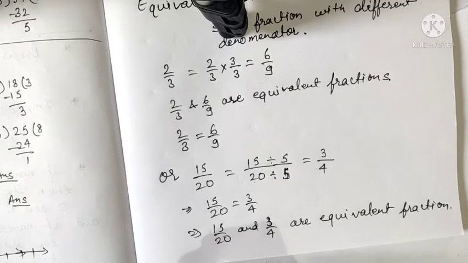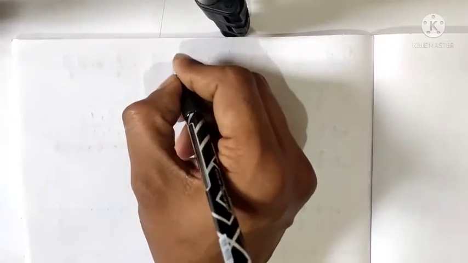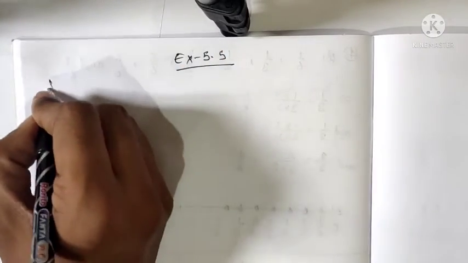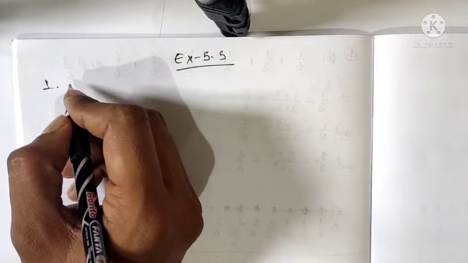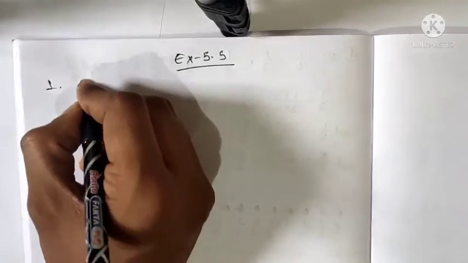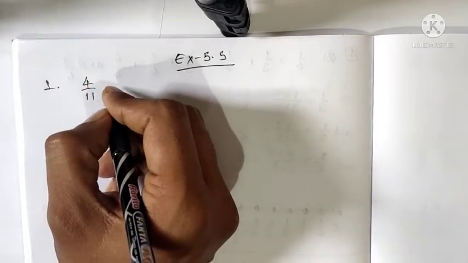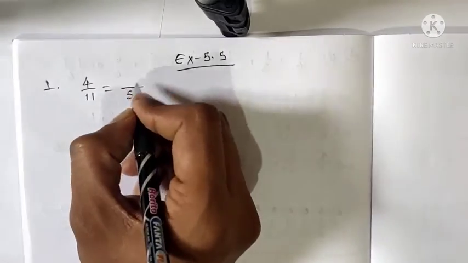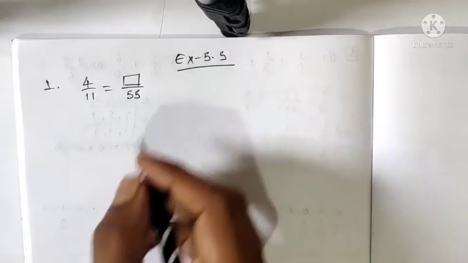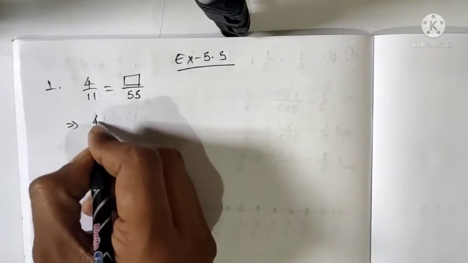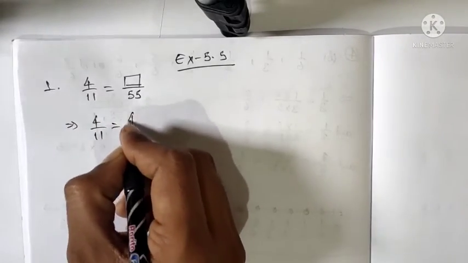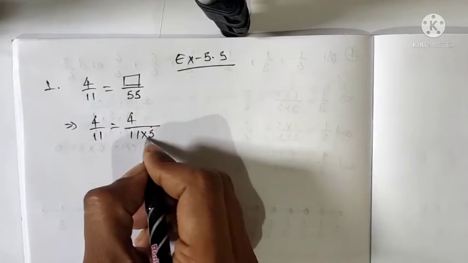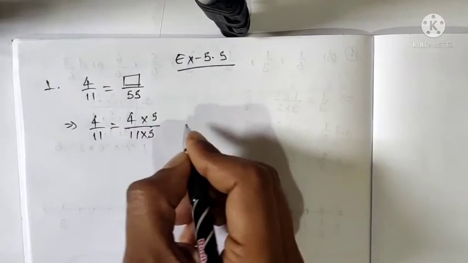Now we are in a position to solve exercise 5.5. Question number 1 is find the equivalent fraction of 4 by 11 with denominator 55. So we are going to write it as 4 by 11 is equal to box upon 55, and as we know that 55 is equal to 11 into 5, so it will be 4 by 11 into 5 by 5 will be equal to 20 by 55.